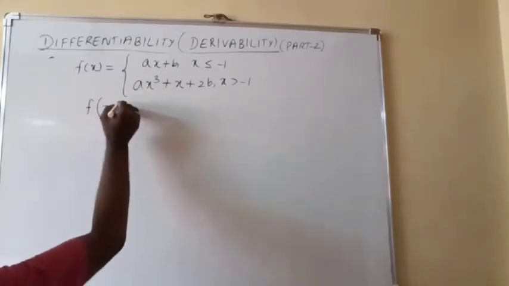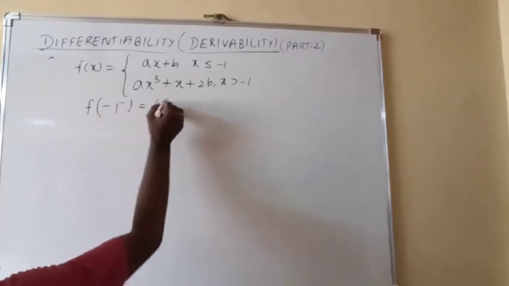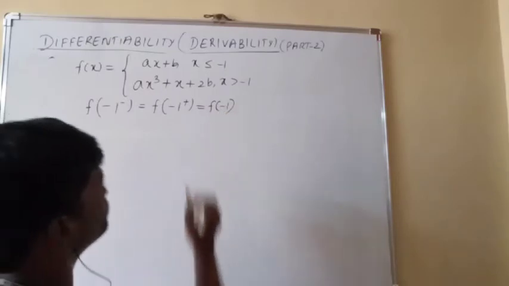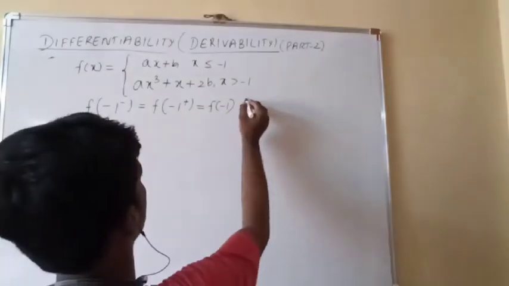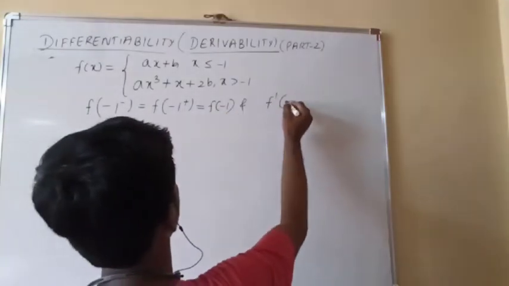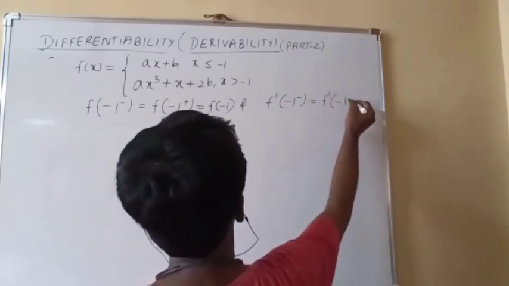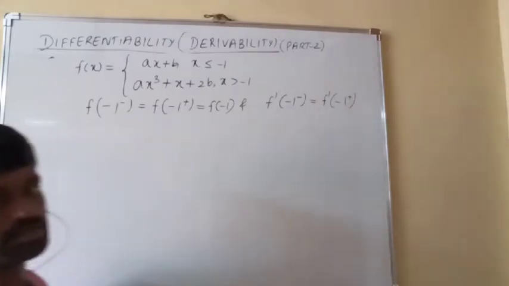If it is continuous at minus 1, left hand limit at minus 1 is equal to right hand limit at minus 1 is equal to value of the function, from the definition of continuity. And if it is differentiable at minus 1, left hand derivative is equal to right hand derivative at minus 1.